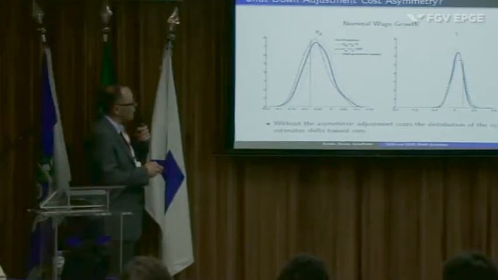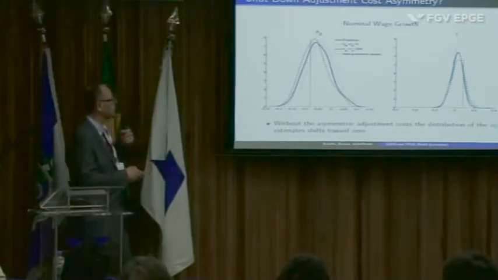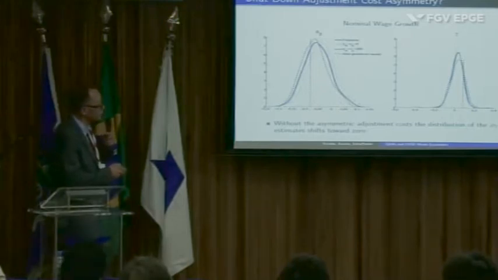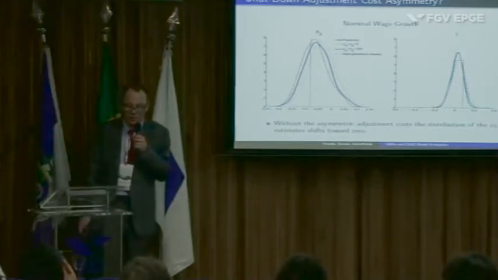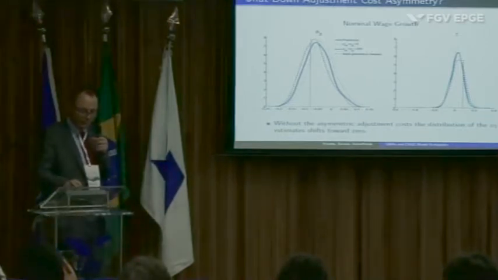If you increase the asymmetry, then things shift outward, and to a similar extent it's happening for gamma as well.